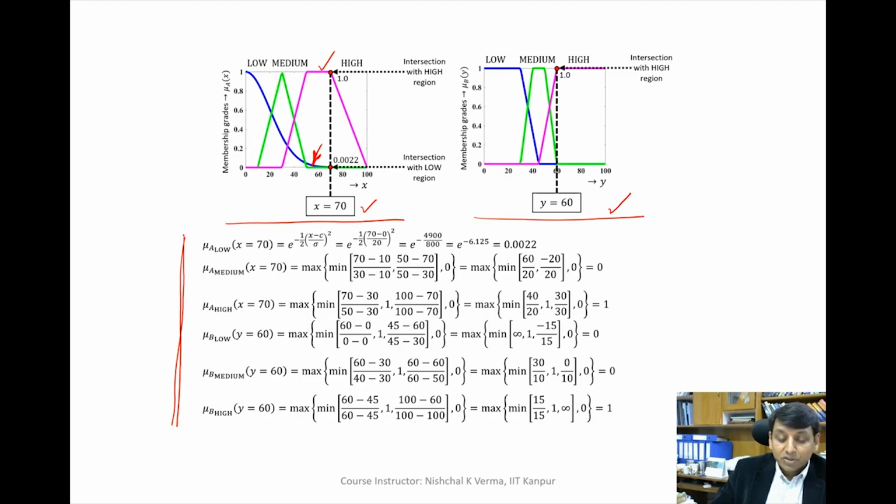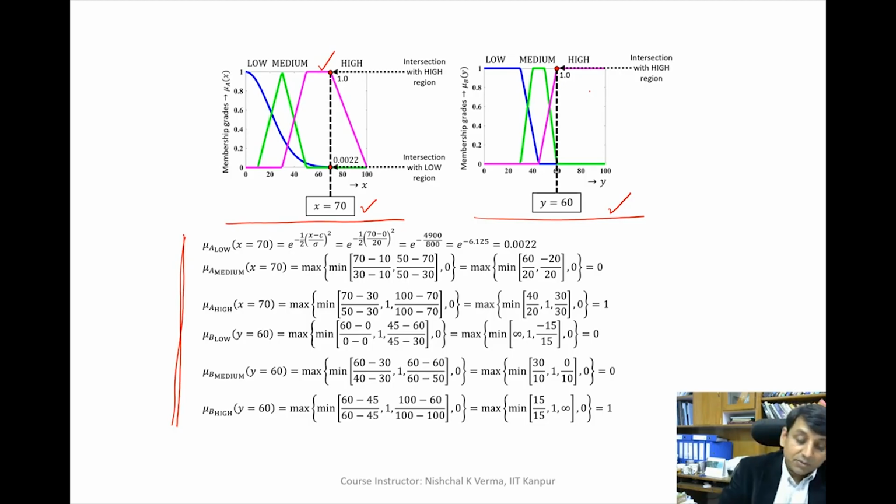This is represented by a Gaussian, and the low region here is very small because it is a Gaussian fuzzy membership function. So there are two regions relevant for x is equal to 70. Similarly, let us check y is equal to 60. For y is equal to 60, only one fuzzy region is relevant, that is high.